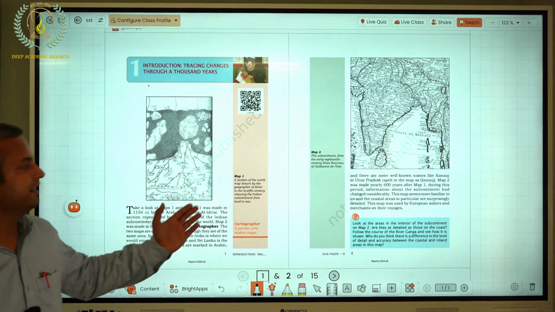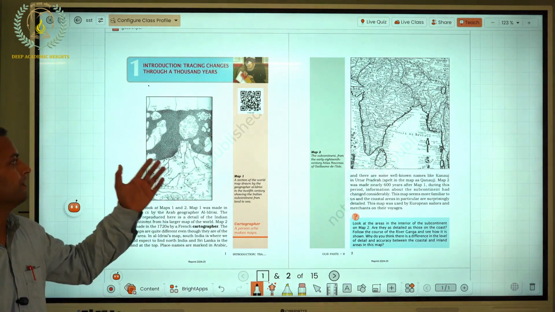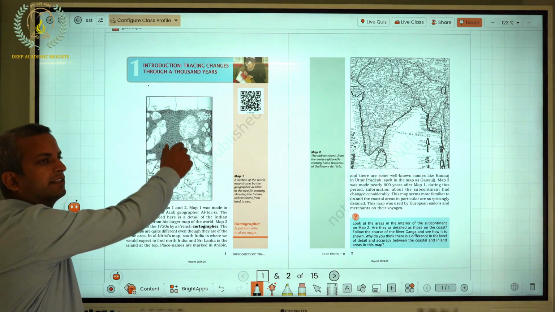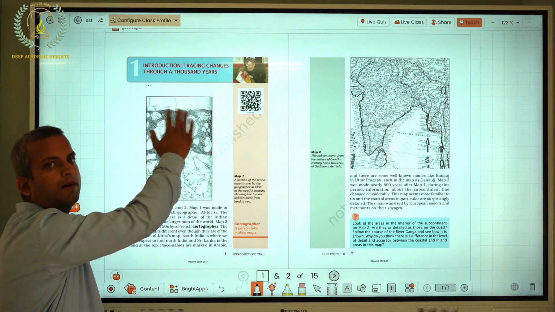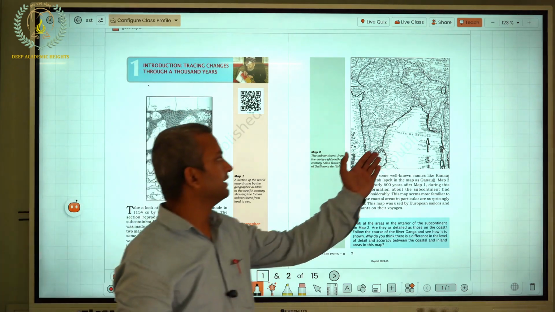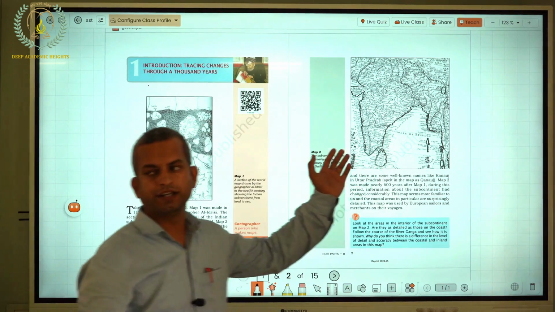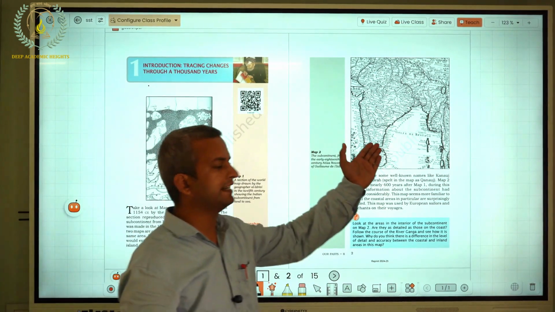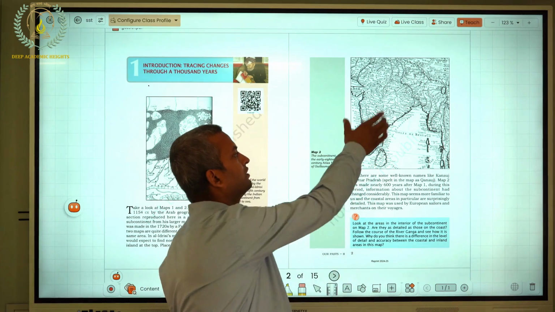The difference between these two maps of India is that in this map you can see South India is on the top of the map and Sri Lanka is on the topmost side, whereas in the map of the French cartographer everything seems normal and presented in the modern sense, exactly the same as today's map.